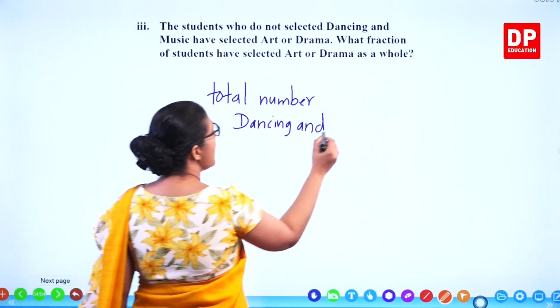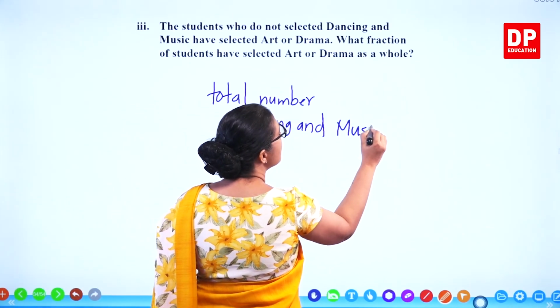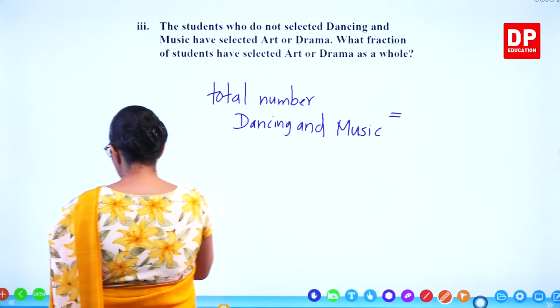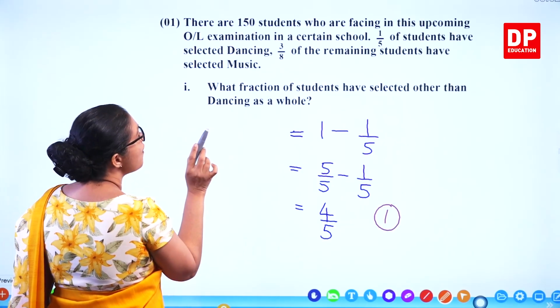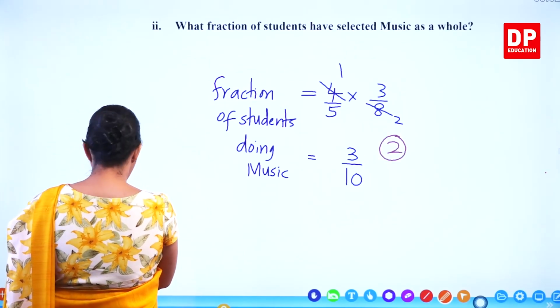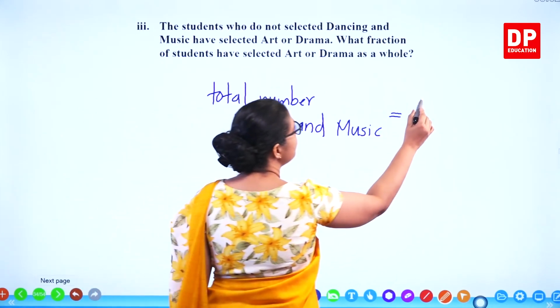Music 3/10 and dancing, that's given earlier, 1/5. 1/5 and 3/10.